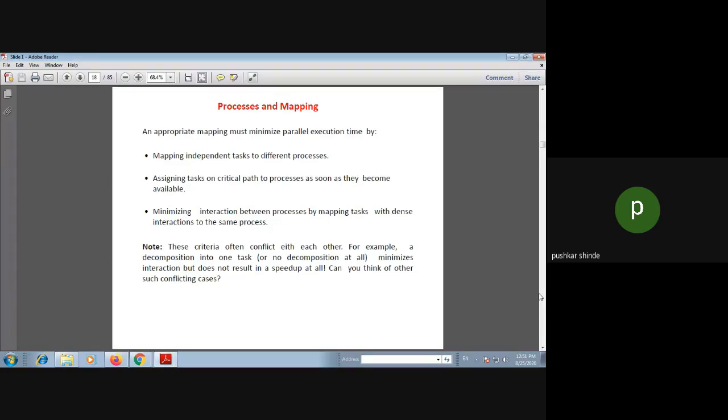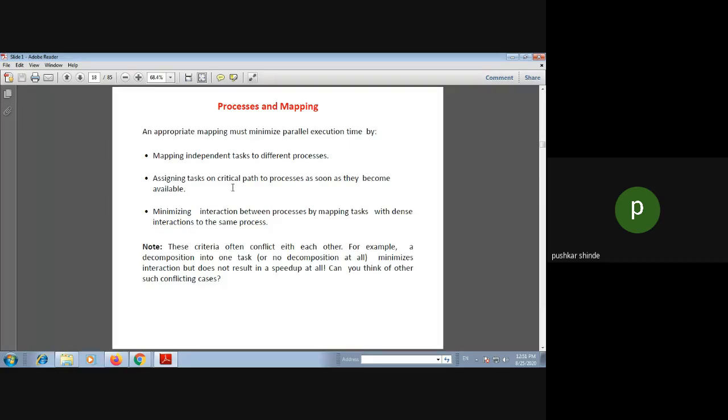Speaking again about processes and mapping, an appropriate mapping must minimize parallel execution time by mapping independent tasks to different processes. So independent tasks should be given to different processes so that they execute in parallel. Normally the tasks at the same level in the task dependency graph are independent.